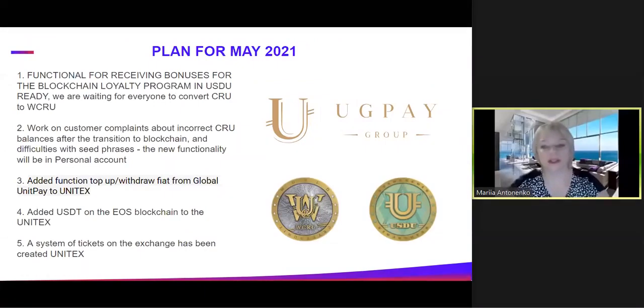Okay, the work in May: the development of the functionalities for the accrual of loyalty bonuses on blockchain. Some of you might have noticed that in your crypto wallet, there is such a word as dividends. The functionality is being tested right now. It's almost ready. I gave a couple of comments.